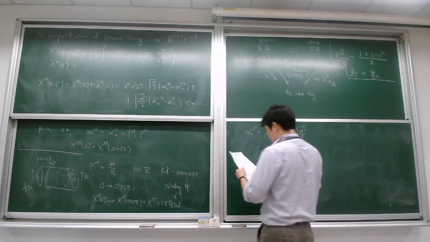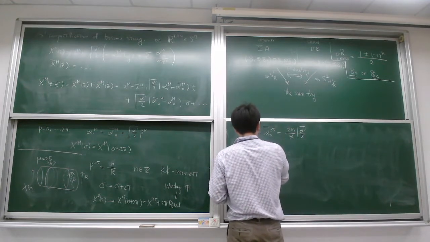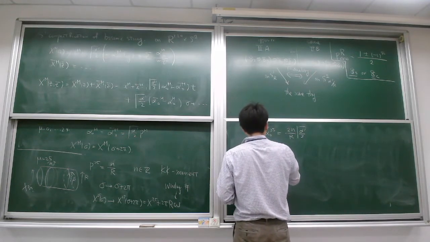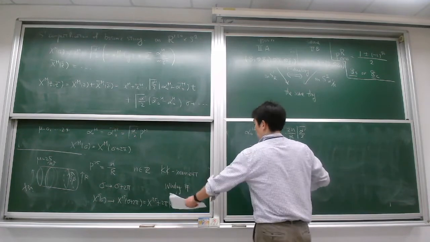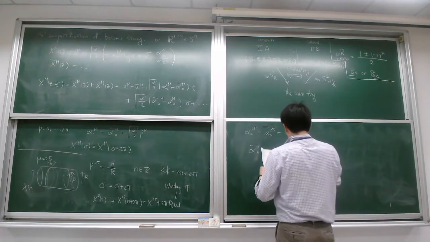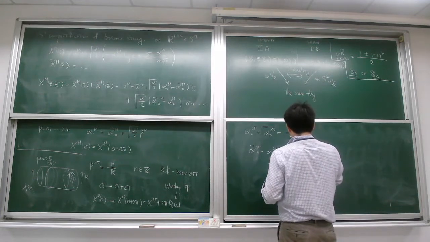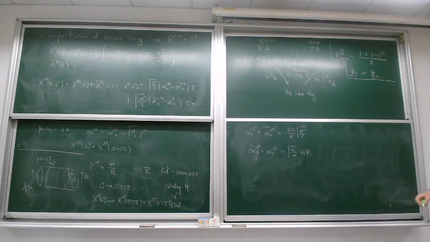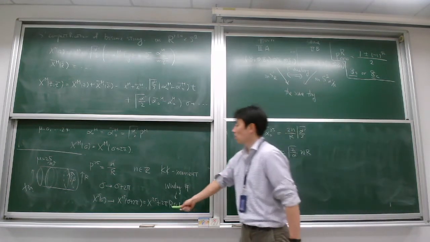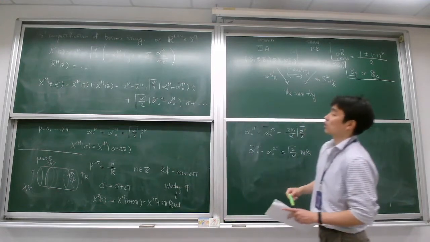And then alpha bar 0 25 minus alpha 0 25 is indeed w. So that's how you obtain it from imposing this condition.